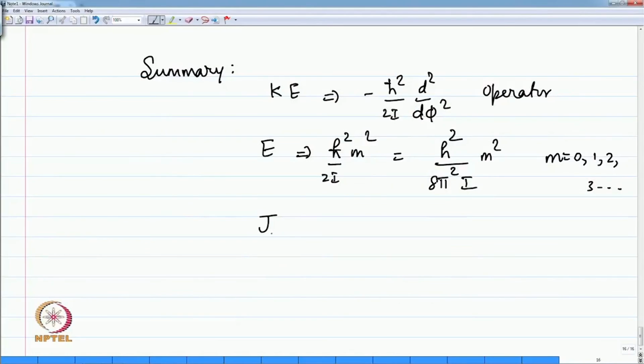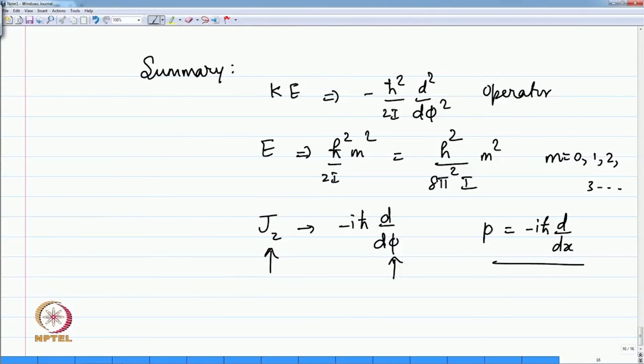Please remember angular momentum is given by this operator minus i h bar d by d phi, and therefore the angular momentum and the angular coordinate have the same relation like the linear momentum and the linear coordinate that you have for a particle in a one-dimensional box. They satisfy a commutation relation.